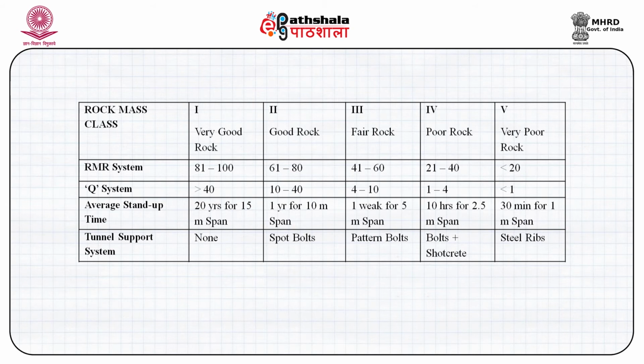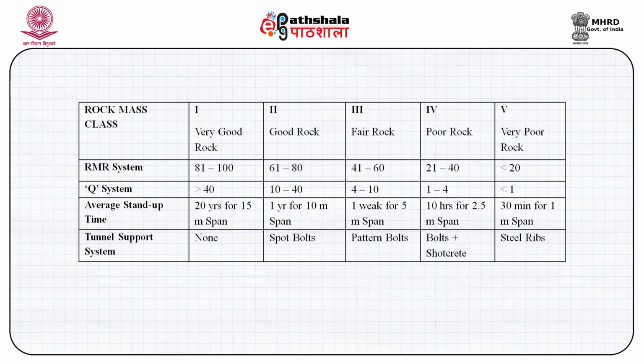Now, for example, we can relate the two most important engineering classifications of rock masses, that is the rock mass rating system of Bieniawski and the rock mass quality system of Barton. Now, if we have very good rock class, that means in the RMR system it will have a value of 81 to 100, and in the Q system it will have a value of more than 40.